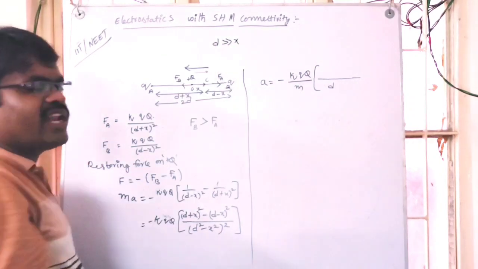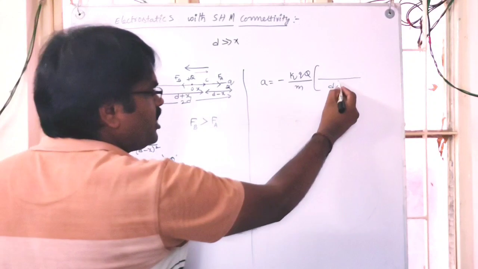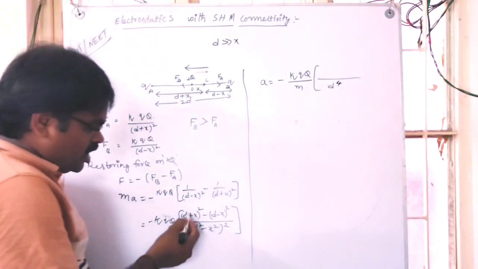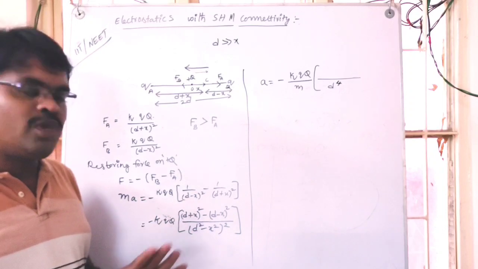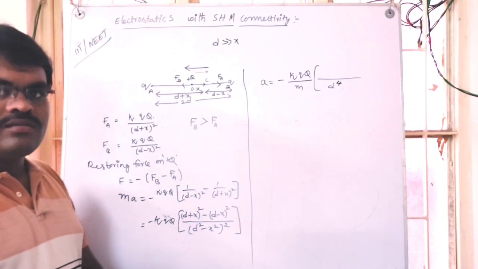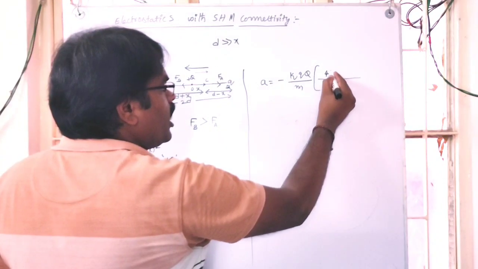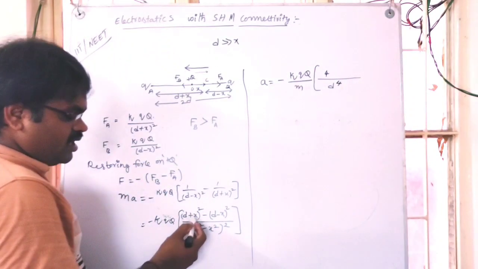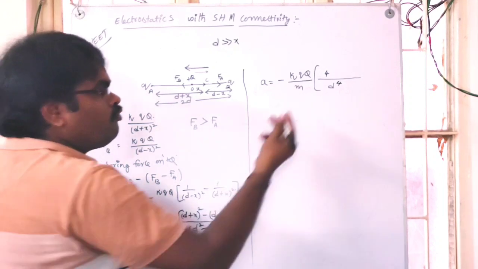That's why x square is neglected in the denominator. What do you get? d power of 4. Now here, a plus b whole square minus a minus b whole square, the formula is 4ab.